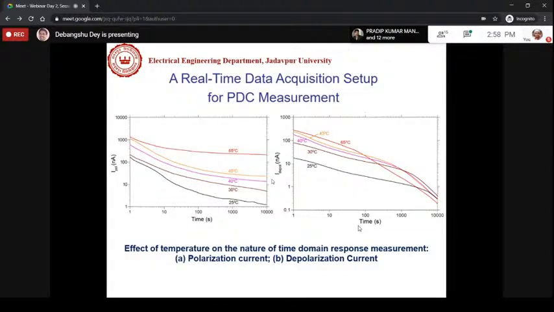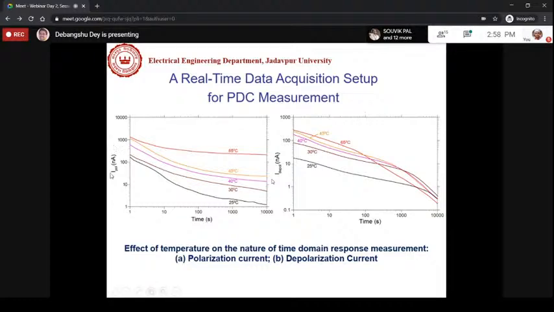So I am not discussing that here. I will discuss something that will be easier to understand in this sort of a lecture. So from this kind of curves, we can have a program that will give us the condition of the transformer. That is the basic idea of this PDC measurement.